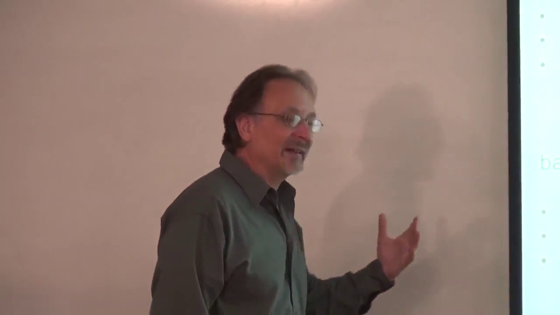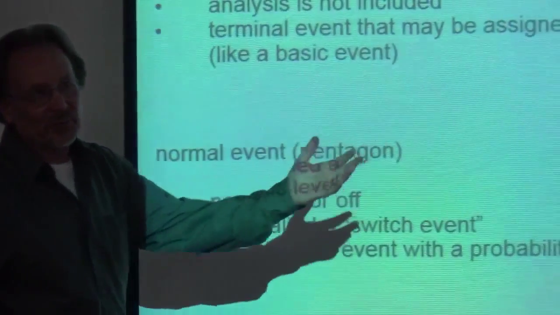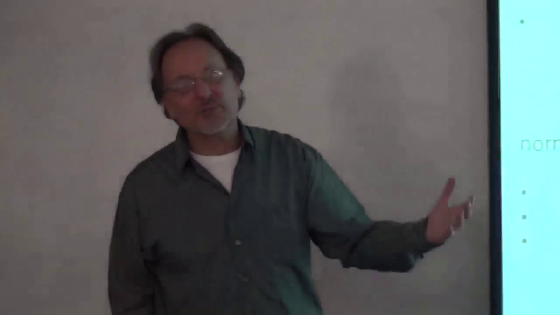Now, if we choose not to analyze them, but we can, there's another symbol for that. These are the things that really can't be broken down any further. And this is where you assign your initial probabilities, usually, if you have them. You have an event and you say, yes, this is going to happen, and it contributes to other events, but I choose not to analyze it.